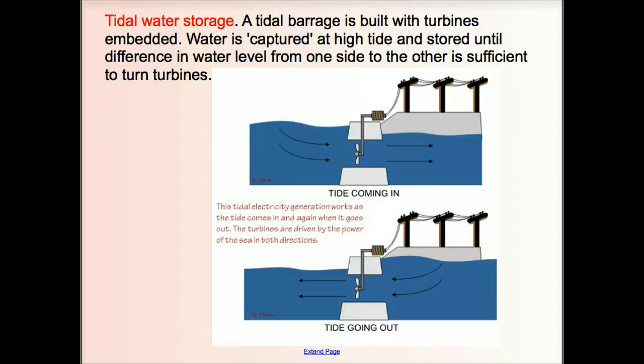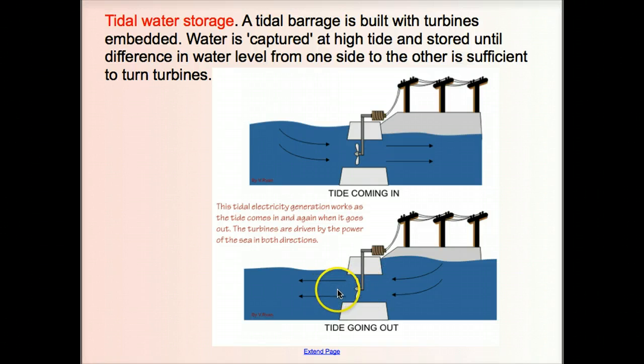The second kind of hydroelectric power that we want to look at is tidal water storage. In a suitable spot, a barrage or a barrier can be built with turbines, so that when the tide flows in one direction past the turbines, they turn and generate electricity. As the tide flows out in the other direction, we also get electricity generated.